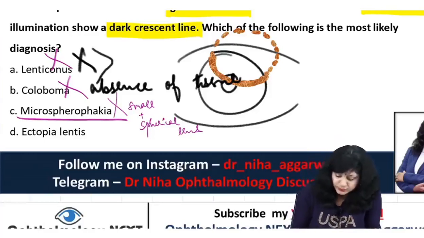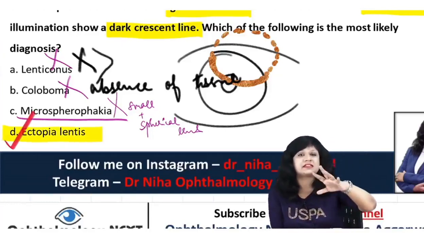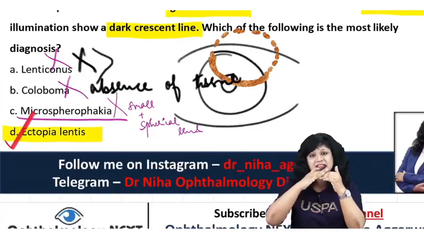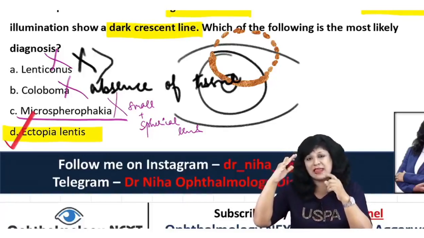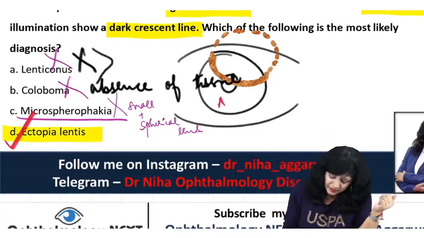What is the fourth option? Ectopia lentis. Here the lens has subluxated from its place. When the lens has subluxated, one area will become aphakic, while the other area becomes pseudophakic.